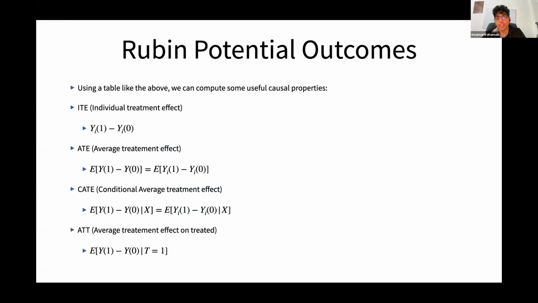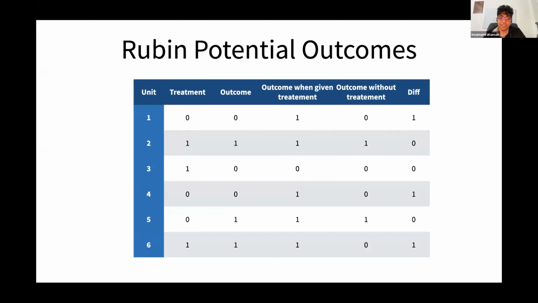Another important one is the conditional average treatment effect, or the CATE. We don't have any covariates listed here, but we might also want to get, given different treatment units with different covariates, what the average treatment effect is. And then we have the average treatment effect on the treated, which is only the subset that were treated in our current universe.